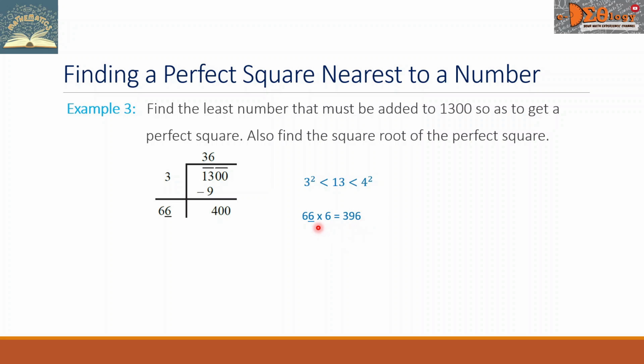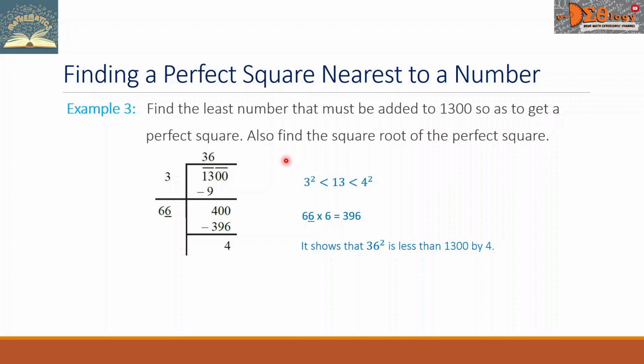And from here we can write the number 6 here, also the same number 6 on top. That means our new quotient now is 36. Then 400 minus the 396. And the difference is 4. That means 36 square is less than 1,300 by 4.